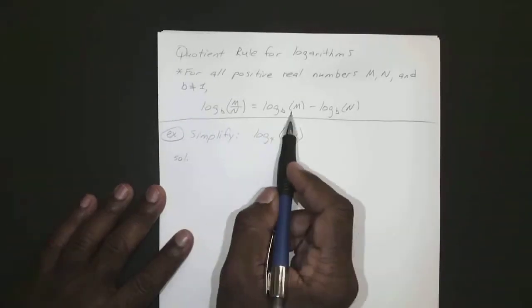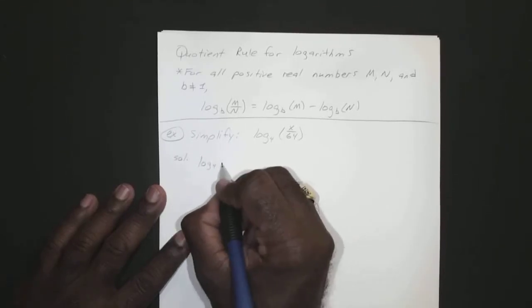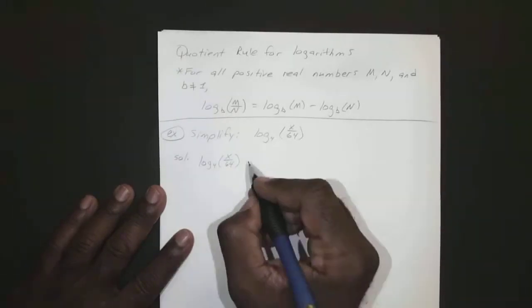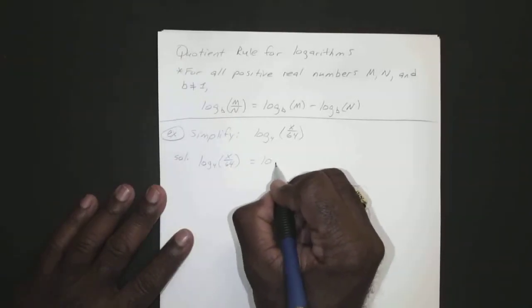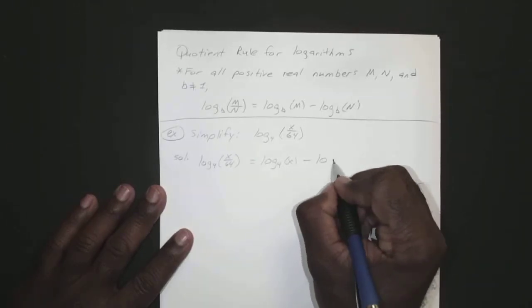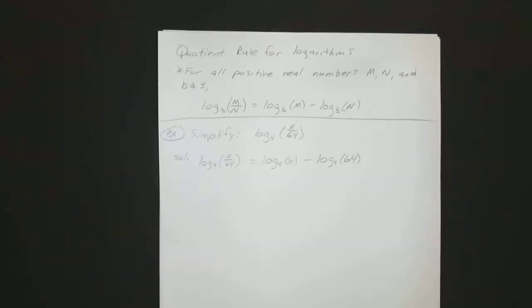Okay, so we know just using the quotient rule, log base 4 of x over 64 is going to equal log base 4 of x minus log base 4 of 64.